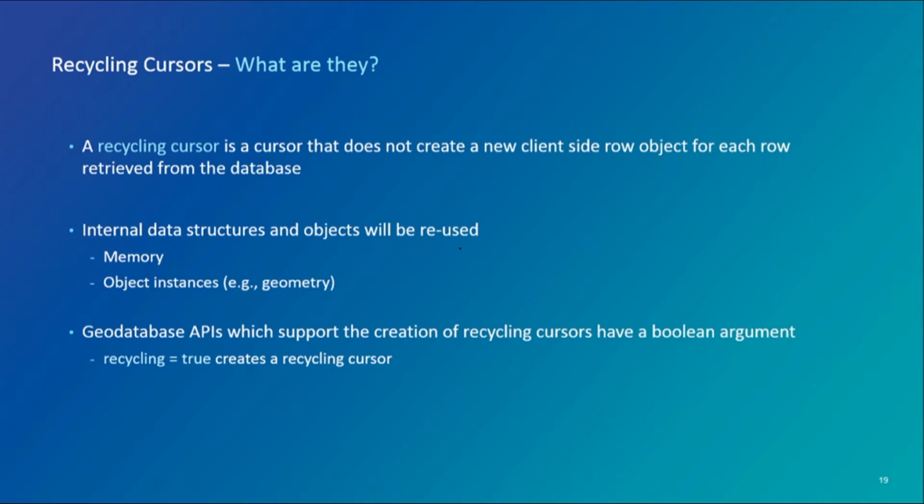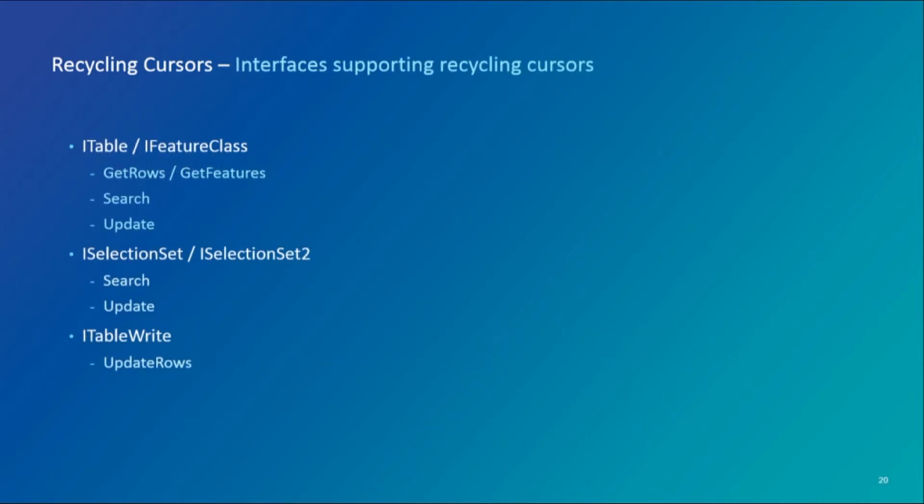Many of our APIs support returning recycling cursors, and you do that by passing the Boolean value of true. So these are some of those APIs. Internally, get rows and get feature, search, update on selection set and ISelectionSet2, search and update, and the ITableWrite interface on update rows. All of these support returning recycling cursors.